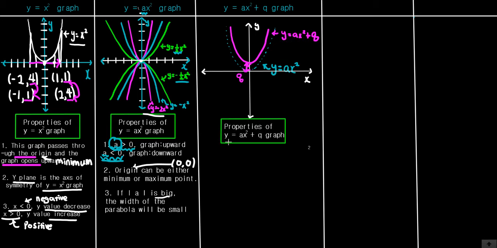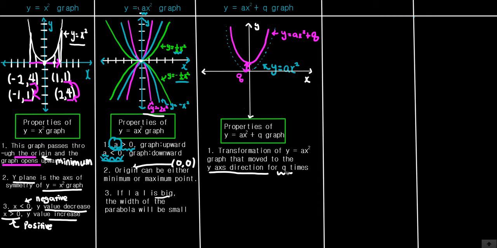Let's talk about the properties of the graph of y = ax² + q. The first property is that it is a transformation of the y = ax² graph, the dotted line, moved in the y-axis direction by q, which we talked about through our graphs.